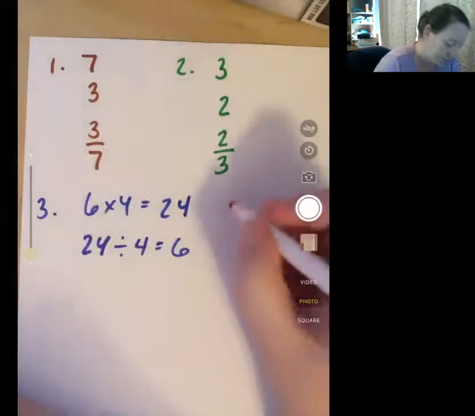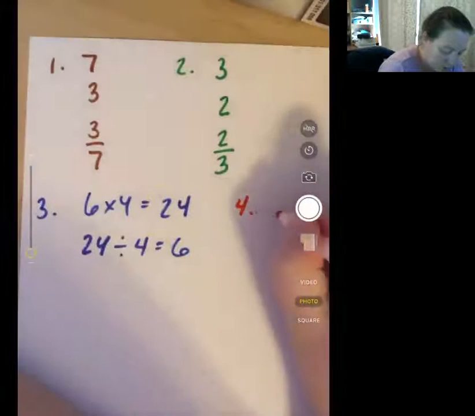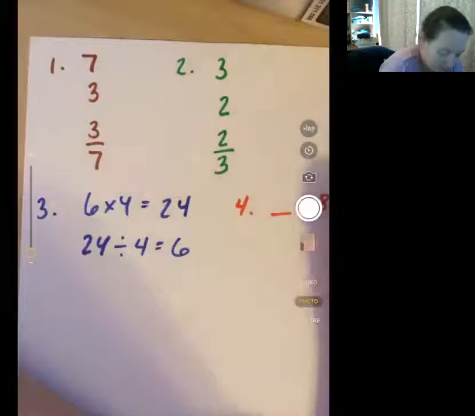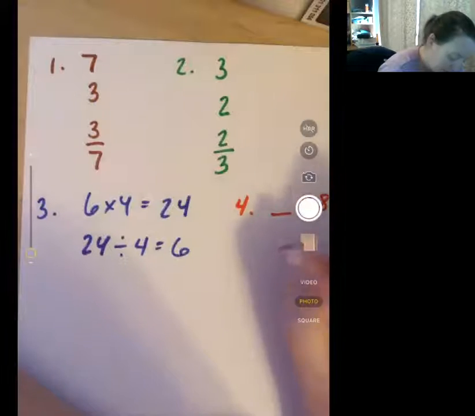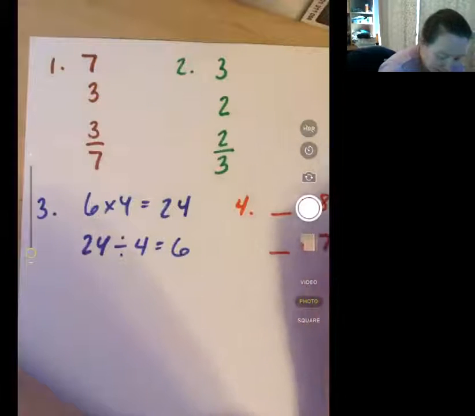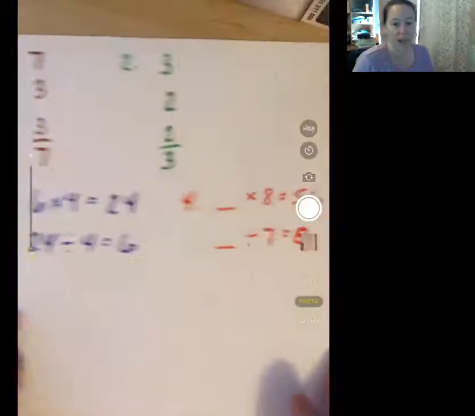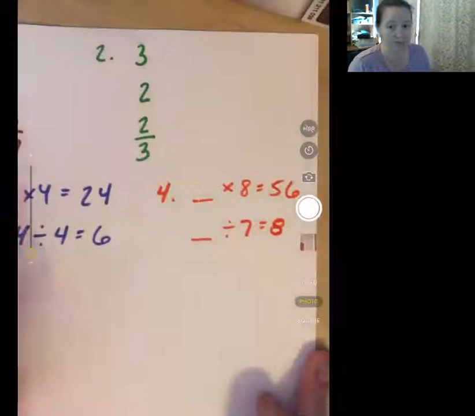Number 4. Blank times 8 is equal to 56. Blank divided by 7 is equal to 8. Well, that tells us our answer right there. You don't even have to really think about it.